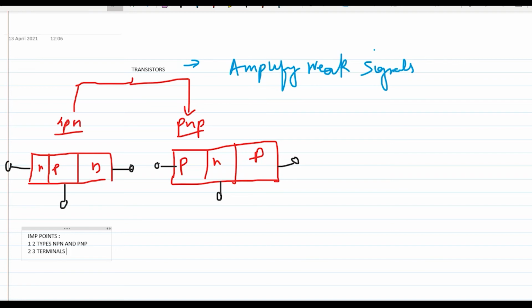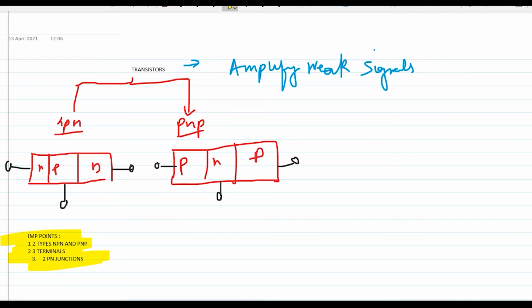Third, it has two PN junctions, one this and one this. Having two PN junctions, we can also say that it has two diodes.